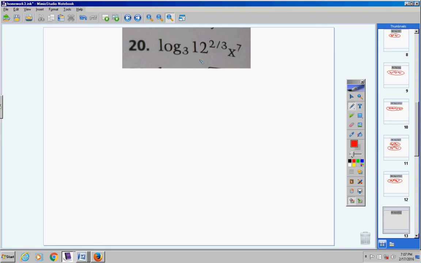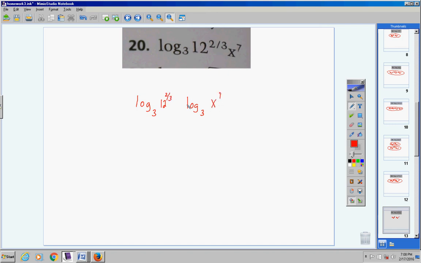Our argument consists of multiplication. Okay, multiplication. So I'm multiplying two things: 12 to the 2/3 and x to the 7th. So here we go. I'm going to write two logarithms with base 3. My 12 to the 2/3 would go here. My x to the 7th would go here.